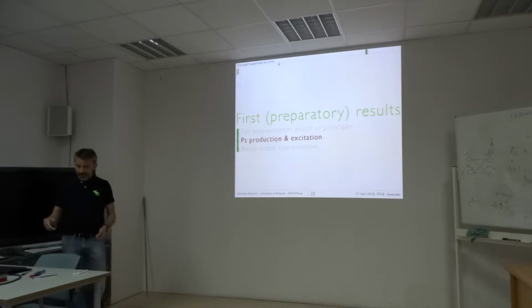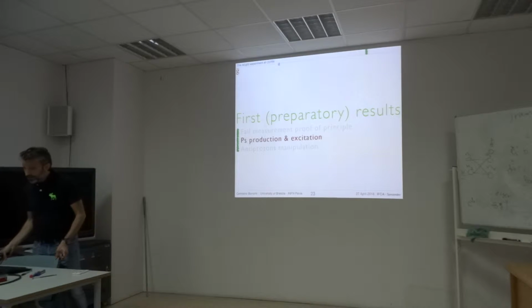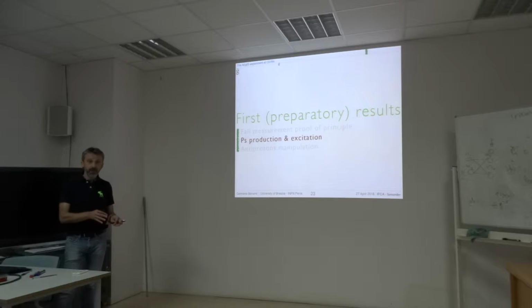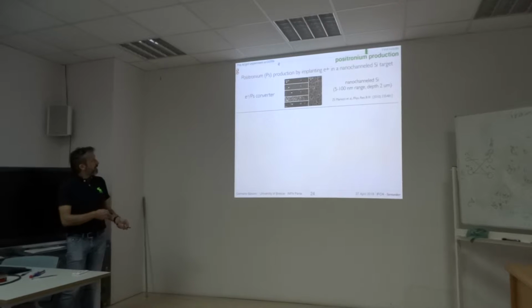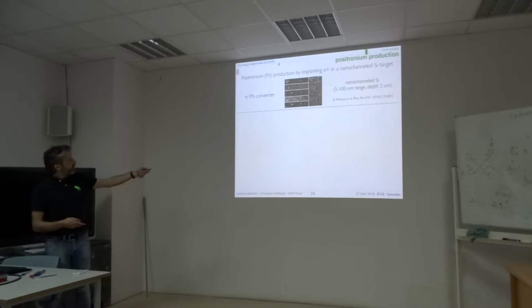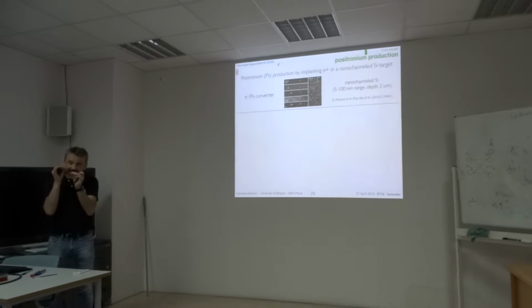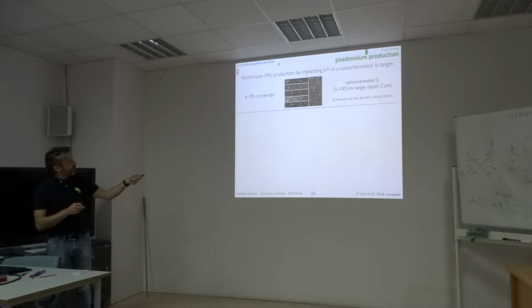The other big step that nobody did before was to produce positronium and also to excite positronium. So how do you make positronium? You make a positron beam, you hit a silica target in which you made some holes, nanochannels, with a diameter of 5 to 10 nanometer and a depth of 2 microns, with special systems.